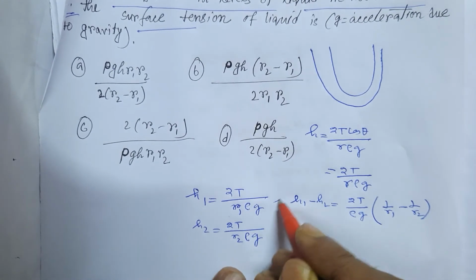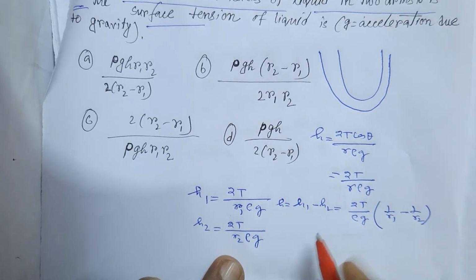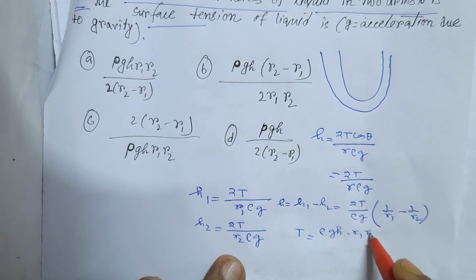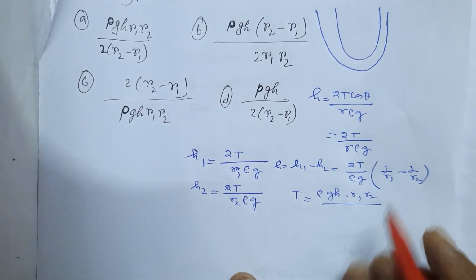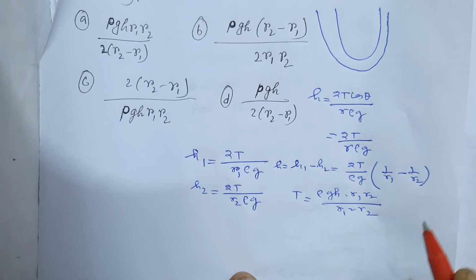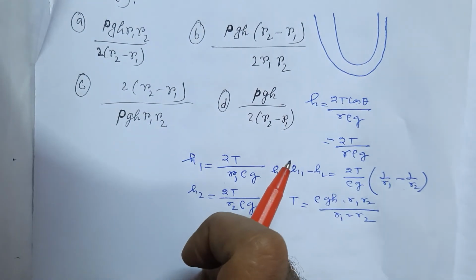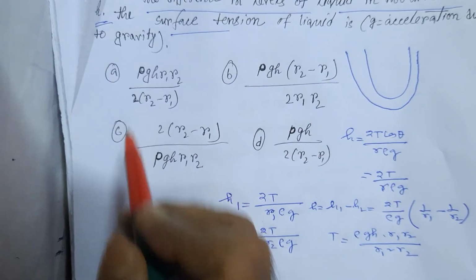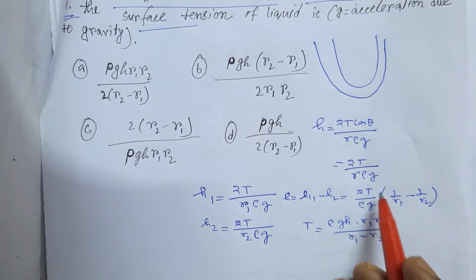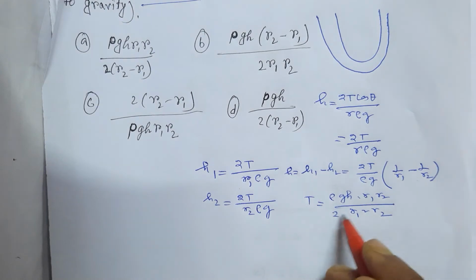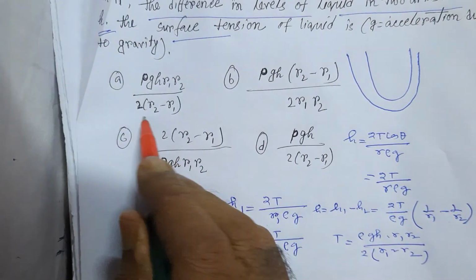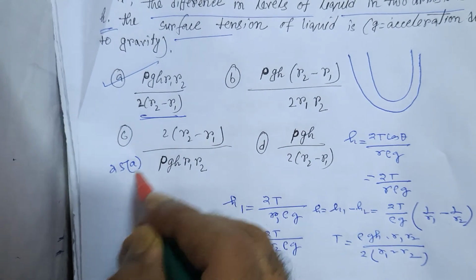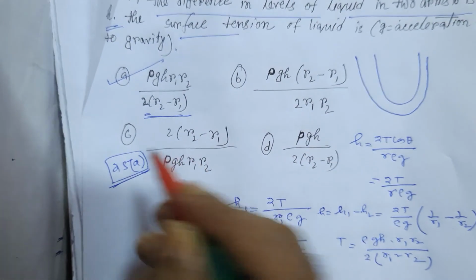Then T equals rho GH into R1 R2 by the difference of R1 and R2. There should be another 2, so T here is rho GH R1 R2 by 2 into R2 minus R1. A is the correct answer. So our correct choice to question number 25 is A.